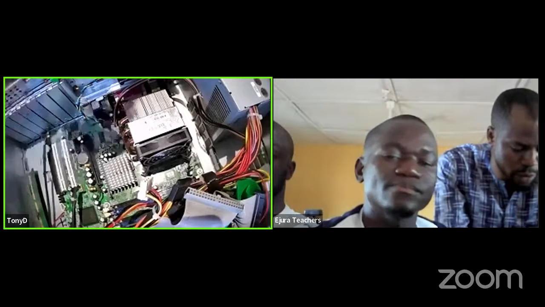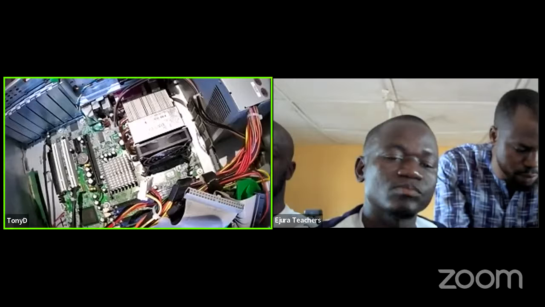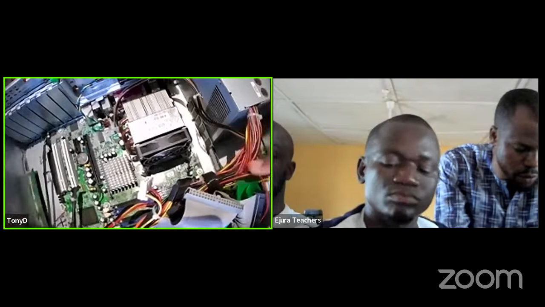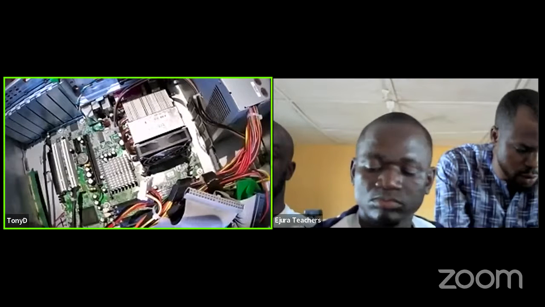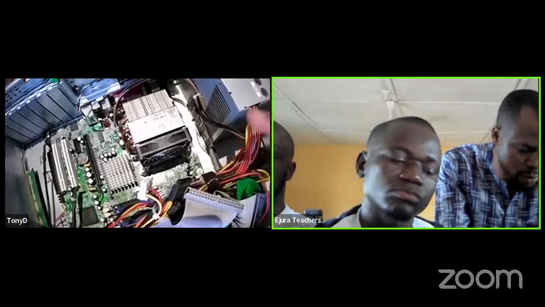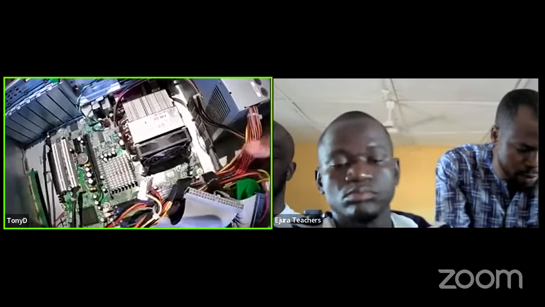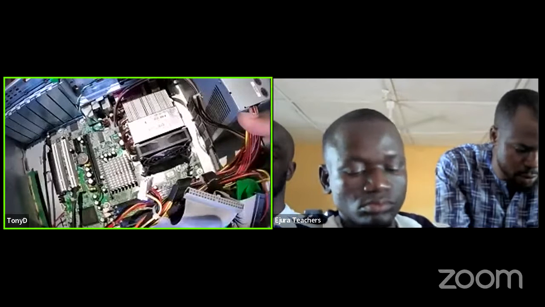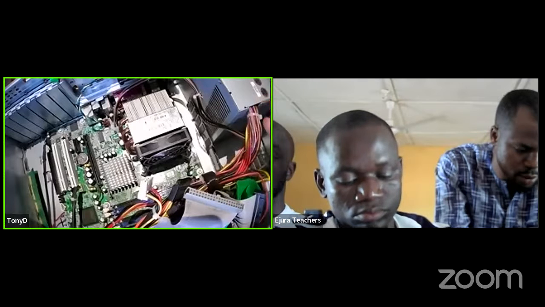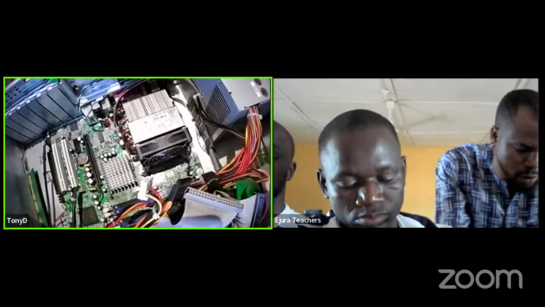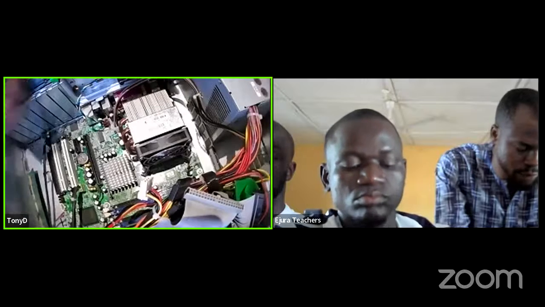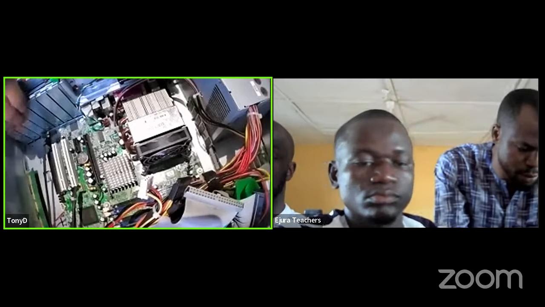So we can call this thing a tower, the system unit, the personal computer, or the case. This big thing right here, we call it the case.